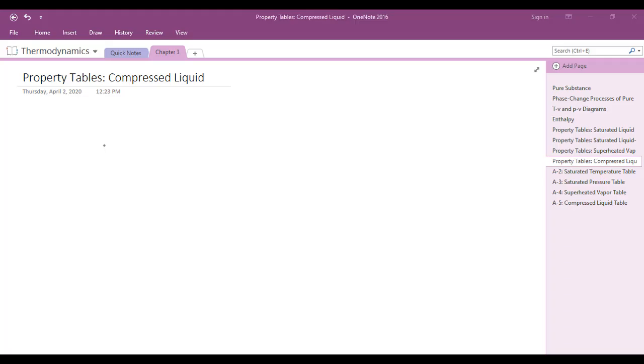Hello, now we will talk about the compressed liquid states. Let's first recall where the compressed liquid region is located on the TV diagram. So this is the TV diagram.